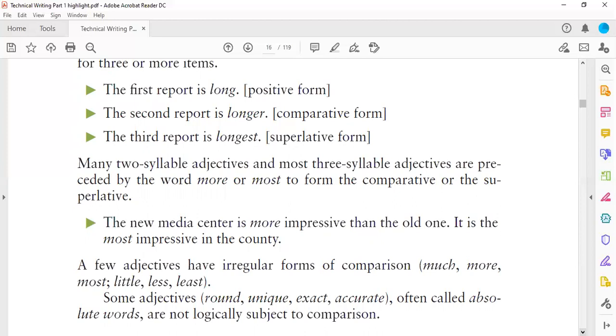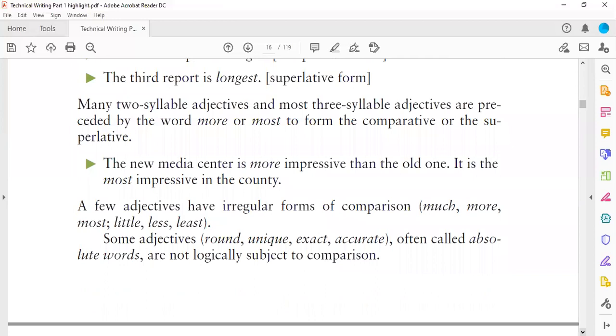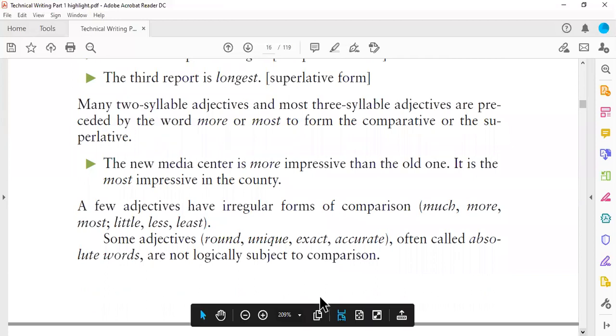Few adjectives have irregular forms of comparison. For example, much, more, most, little, less, least. Some adjectives, round, unique, exact, accurate, often called absolute words, are not logically subject to comparison. What does this mean? This means that you cannot say, for example, oh, John is more unique than Ahmed.